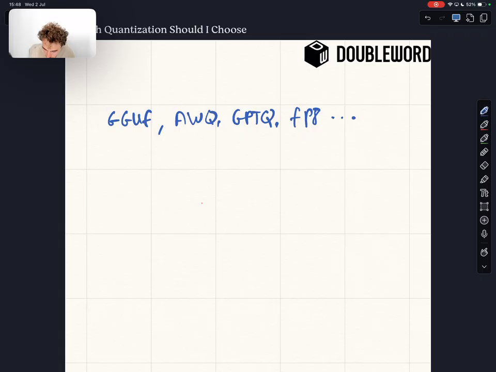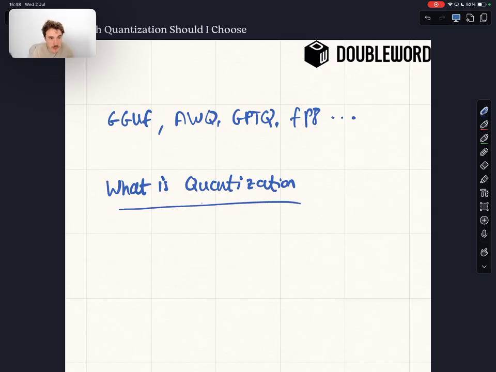So first, I'll quickly define what I mean by quantization. Quantization is broadly the process of adapting a model to use a smaller data type to decrease its footprint. Most models are distributed in 16-bit.